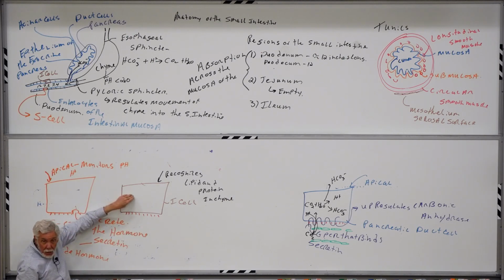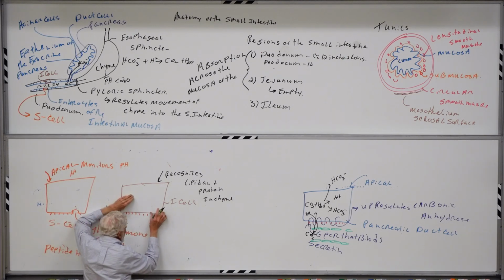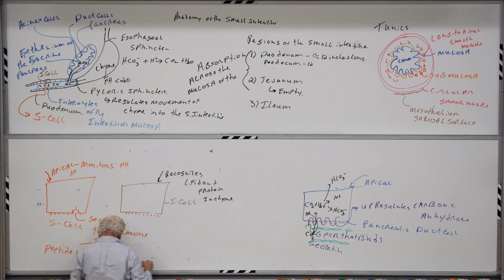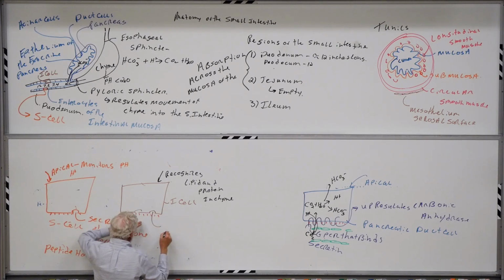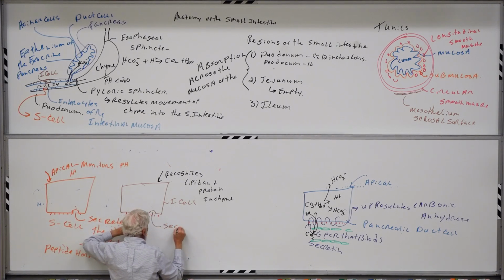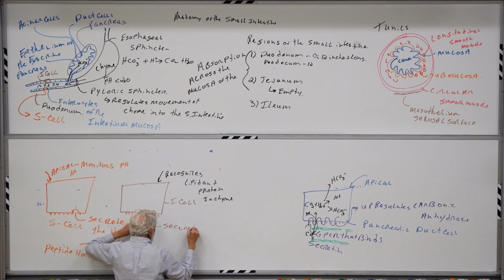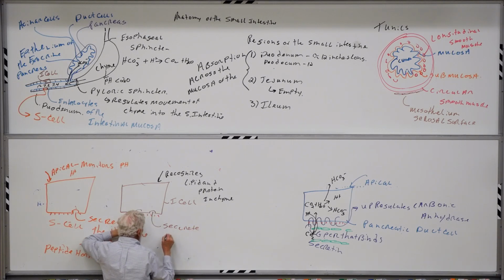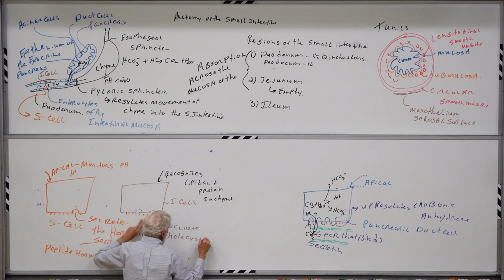By recognizing the lipid and protein in the chyme, it then again mobilizes vesicles. And the vesicles now release a hormone. They secrete, by exocytosis, the hormone cholecystokinin.